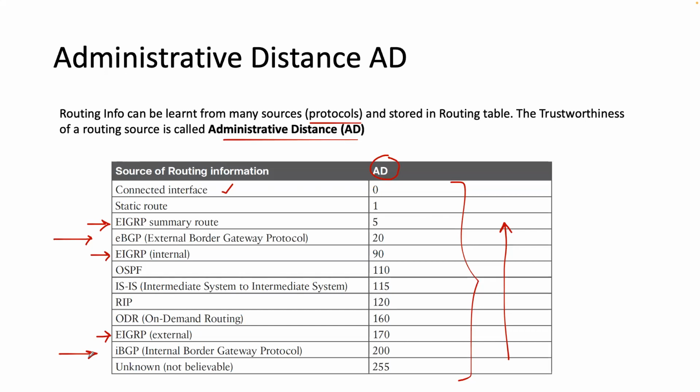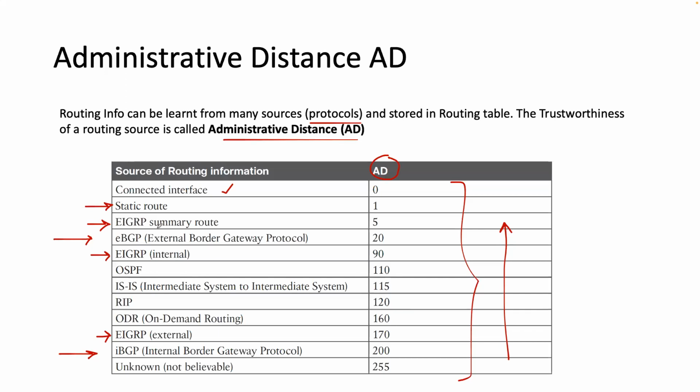If we are putting in a static route, the static route AD by default is 1, but we can change that AD also. All these AD values that you can see over here are default AD values for each protocol or method. However, if we want, they can be changed. But the changed AD value is local to the router.